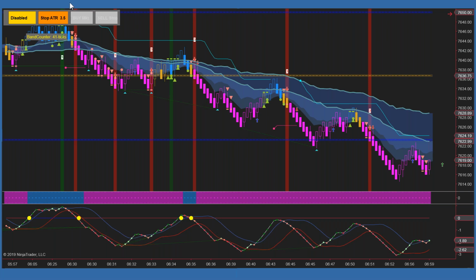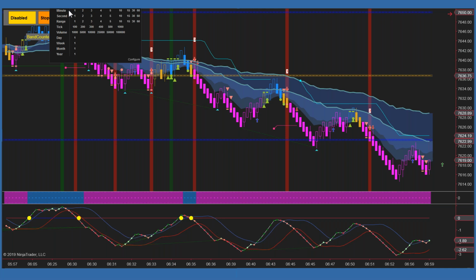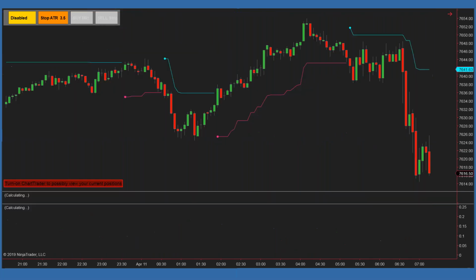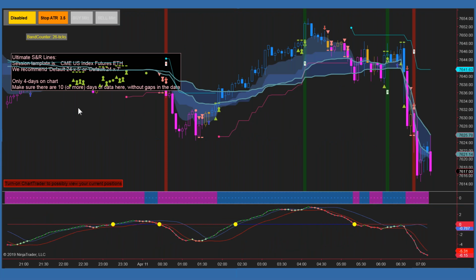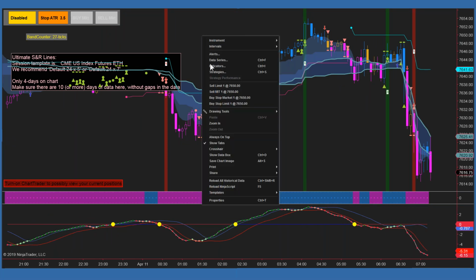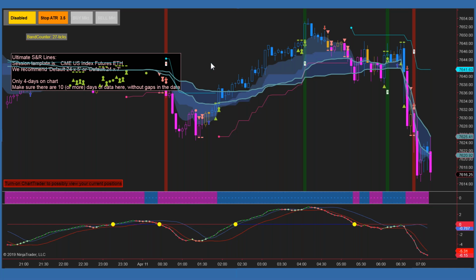Okay, so let's take a look at using a time-based chart. So let's say, well, here, let's start with a 5-minute. Say we're going to put a 5-minute chart on here. It looks like I need to load a little bit more data.